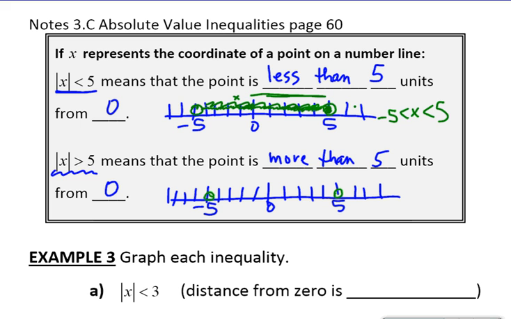But where is it more than 5? These are always 1 away, 2 away, 3 away, 4 away, 5 away. The ones that are more than 5 away would be starting here at 5.1. All of these are more than 5 units from 0. And going back to the left, same thing, 1 away, 2 away, 3 away, 4 away, 5 away. The ones that are more than 5 away are over here.